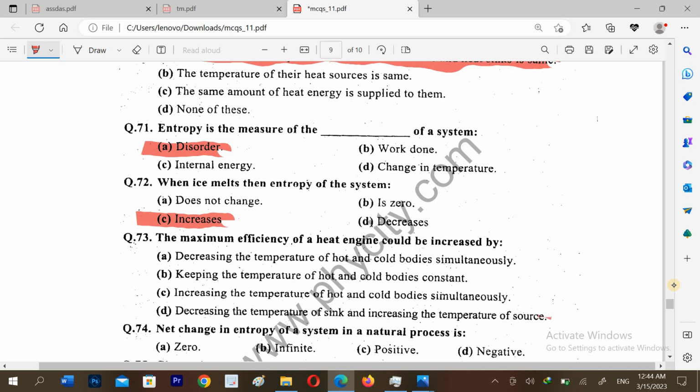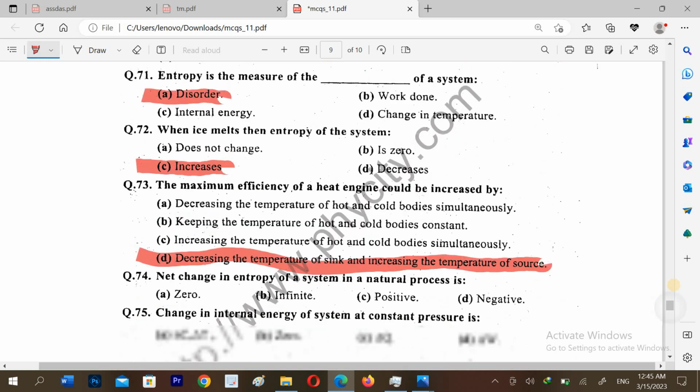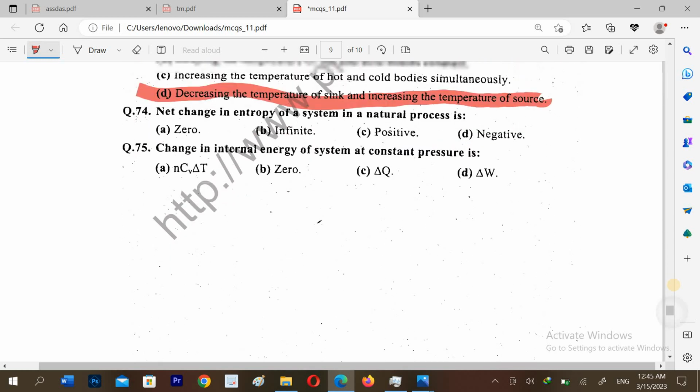This is the right answer. Net change in entropy of a system in a reversible process is... C. Positive. Change in internal energy of system at constant pressure is... A.